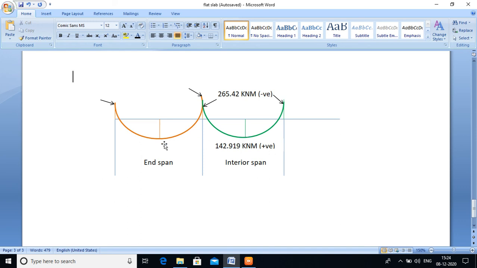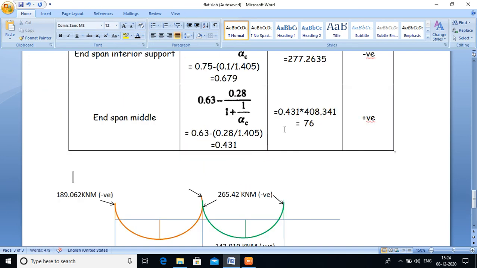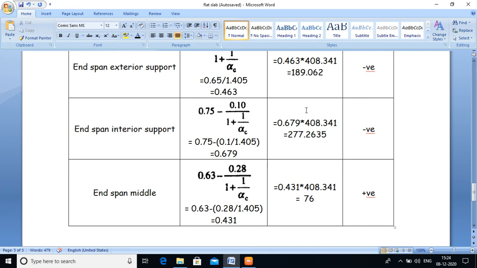Okay, similarly for the end span. But for the end span, do remember that the support moments at both the supports are not the same. So for the exterior support the moment is different, and for the interior support the moment is different. First of all we'll get the value for the exterior support. That value is 189.062 kilonewton meter. We already calculated that value in the table.